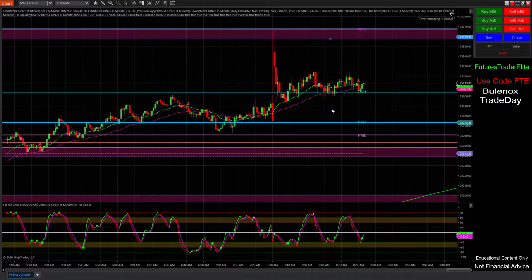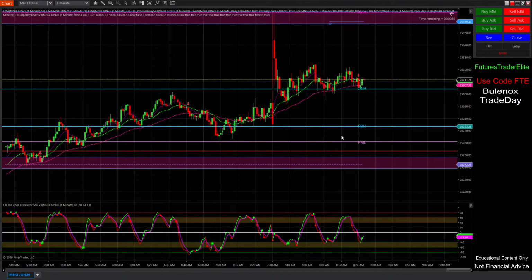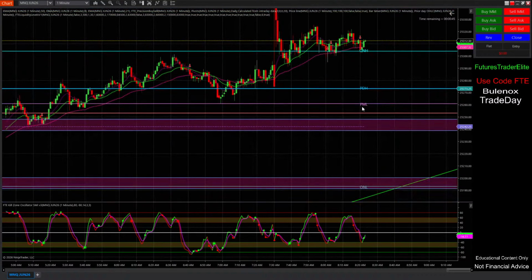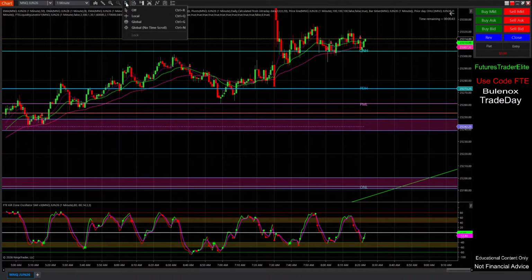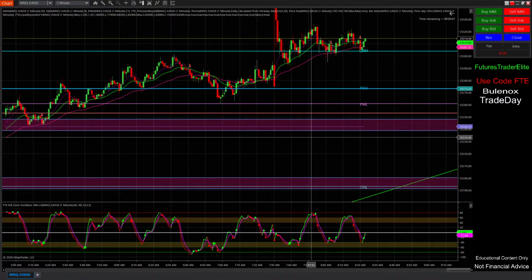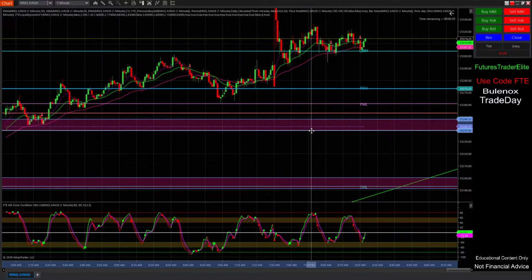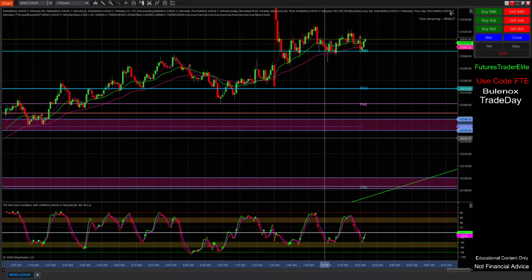We have our previous day high down here, 25,273, so we're already trading above that. Our pre-market low. And then we have this 4-hour zone right here, 239 to 249.